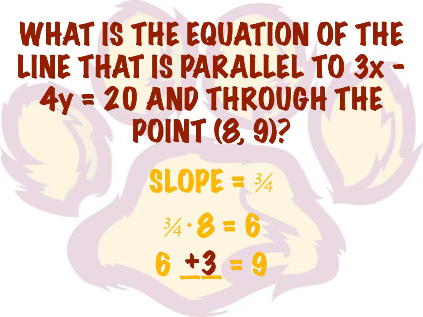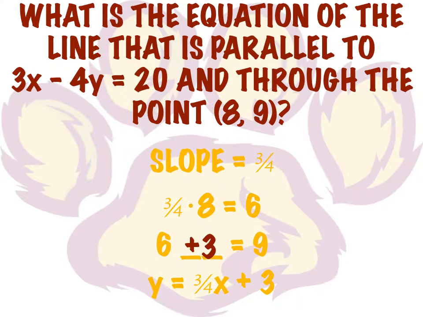In this case, we have to add 3. 6 plus 3 equals 9. That plus 3 is our y-intercept. So now we have a slope and a y-intercept, and that makes our equation y equals 3/4 x plus 3. And that would be a line that is parallel to the equation given and goes through the point (8, 9).